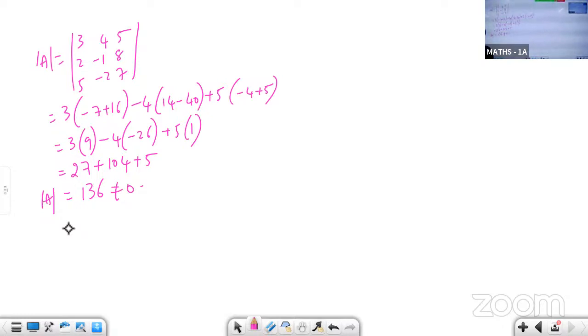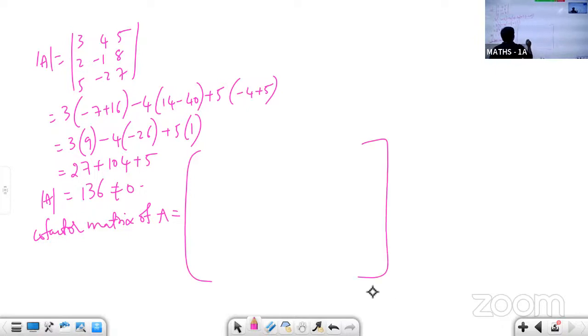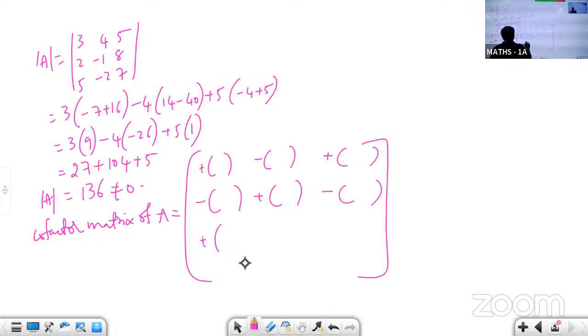After finding det A, you are going to find the cofactor matrix of A. Now, usually cofactor matrix of A, see here, this is the cofactor matrix of A: plus, minus, plus, minus, plus, minus, plus, minus and plus.